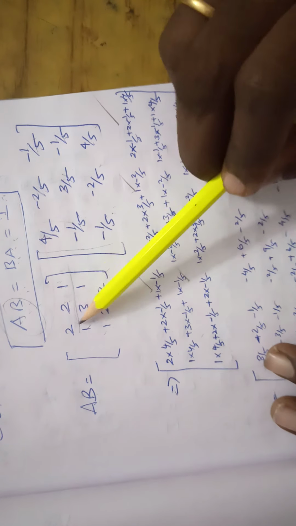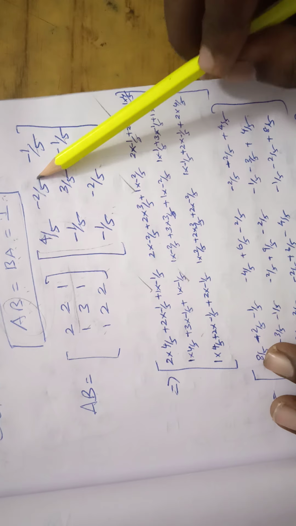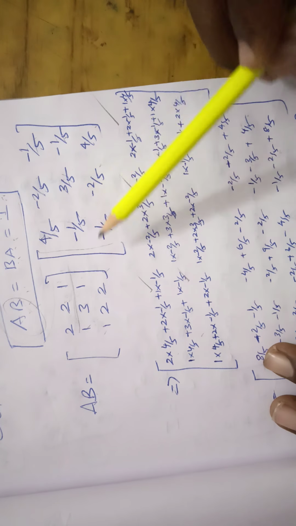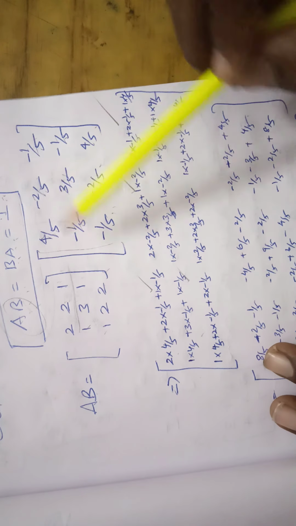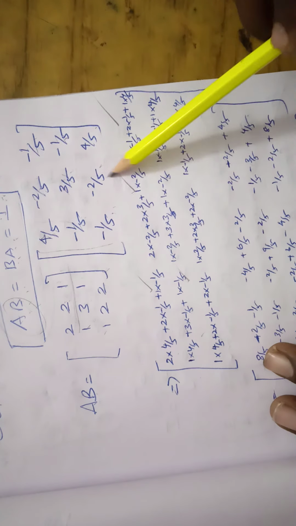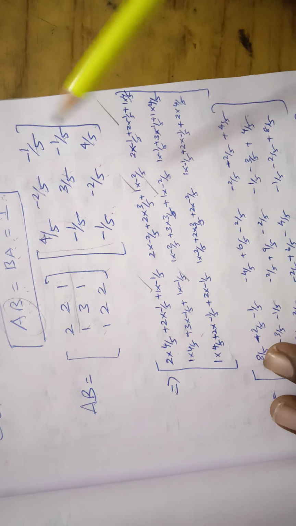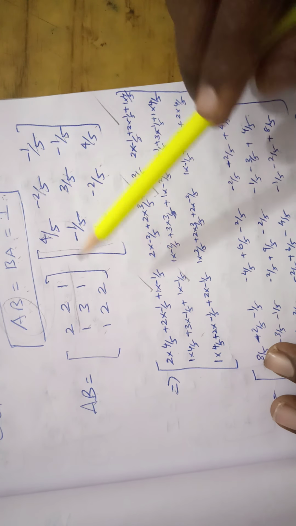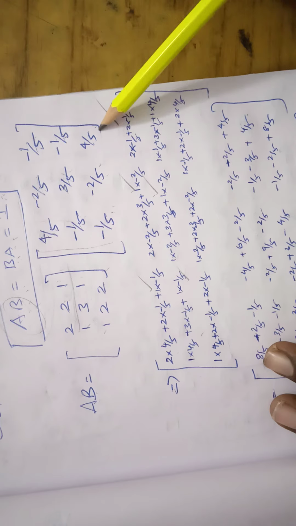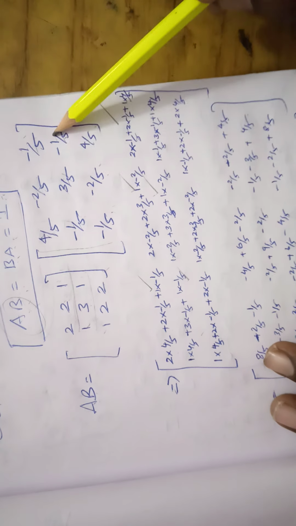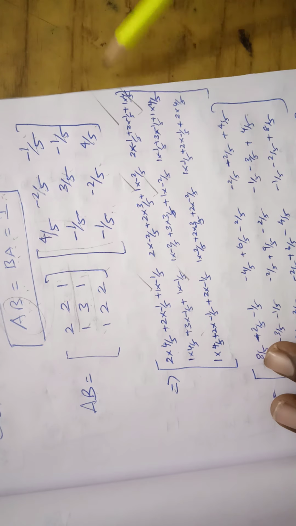Okay, next one, second row: 1 into minus 2 by 5, 3 into 3 by 5 and 1 into minus 2 by 5. Second row multiplying by the third column: 1 into minus 1 by 5, 3 into minus 1 by 5 and 1 into 4 by 5.